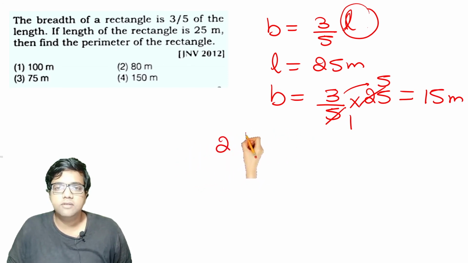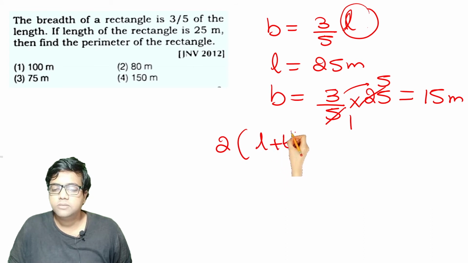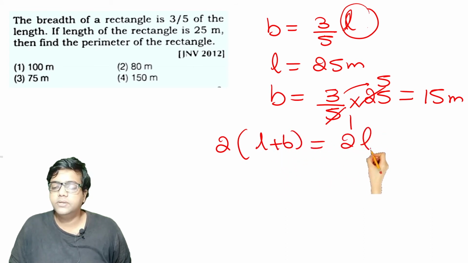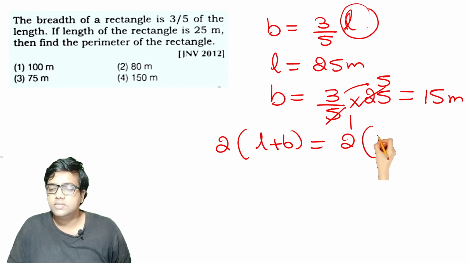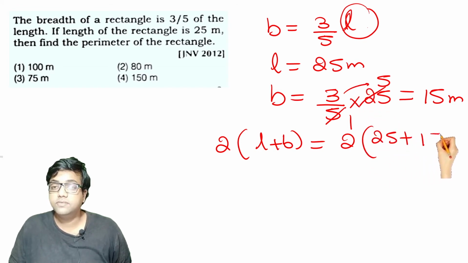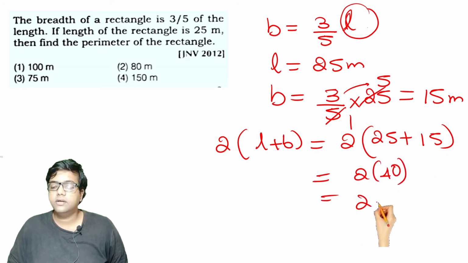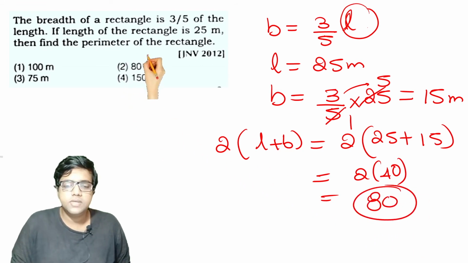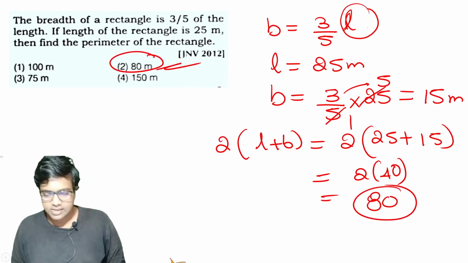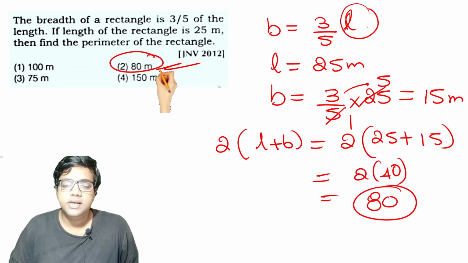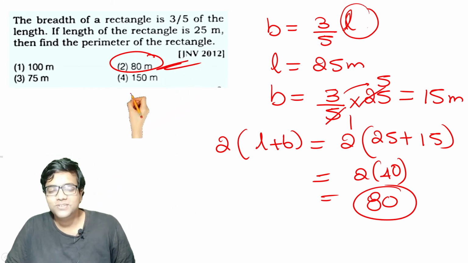Perimeter of the rectangle formula is 2 into length plus breadth. So 2 into (25 plus 15) meter, or 2 into 40, which is 80. So 80 meter is the right answer for this question.